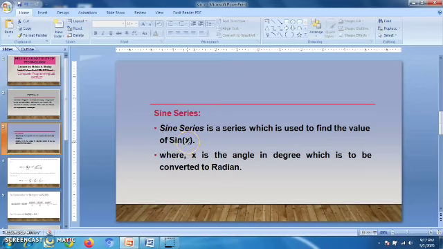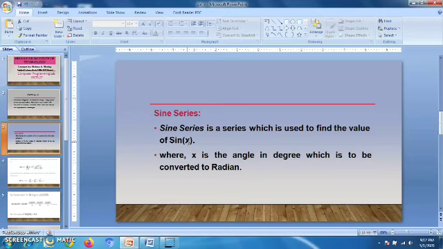Already you know that an angle can be measured in two units, degrees or radians, and we have the formula for conversion too. But usually we deal with angles in degrees.